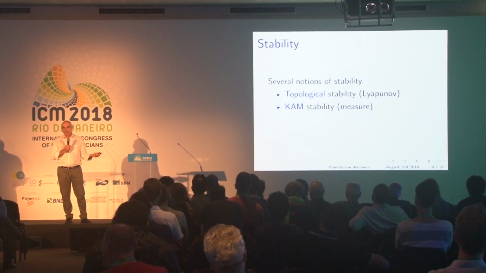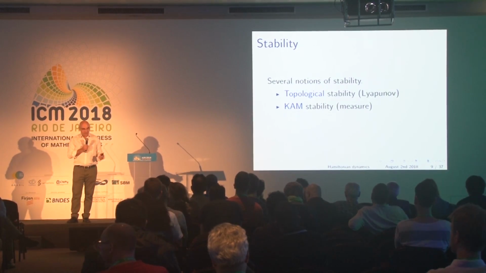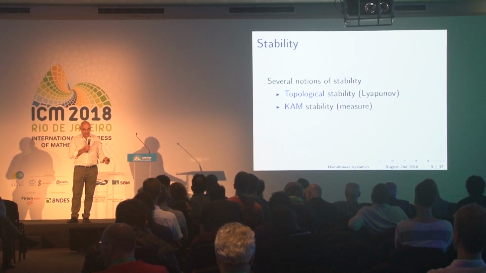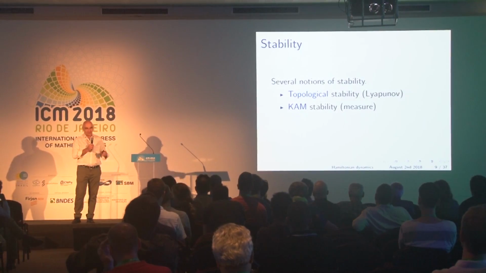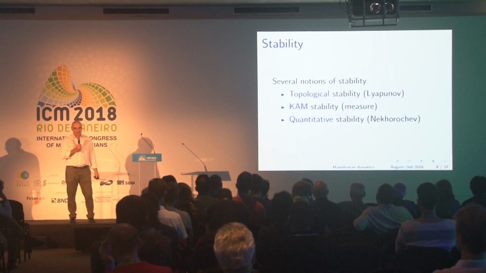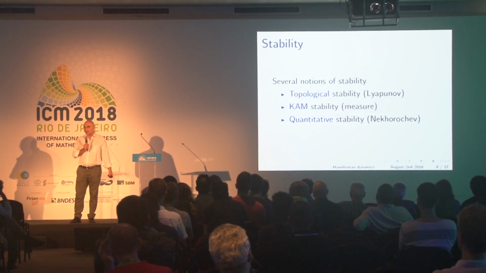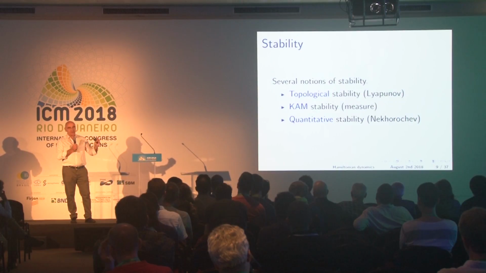Then there will be KAM stability, which means the existence of invariant objects. So Hamiltonian systems have natural invariant objects when they exist, and most of the time they can be tori. And KAM stability will be to prove the existence of many invariant tori. And the third notion of stability is the quantitative notion, which is Nekhoroshev stability, which means that you take an initial condition, you iterate the system, and you will stay close to the origin for a long time.